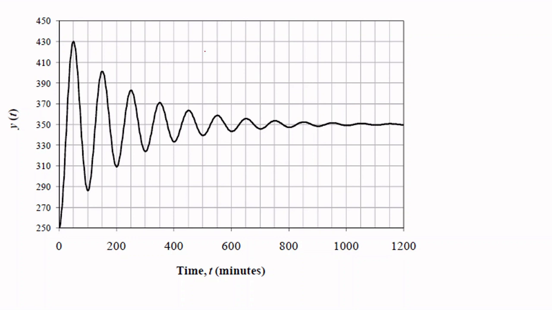In this graph, we have been given the response of the second order system, and we can see that around 1200 seconds, the value reaches a steady state value of 350. So we can write this ys as 350. The other thing to note is the period of oscillation.